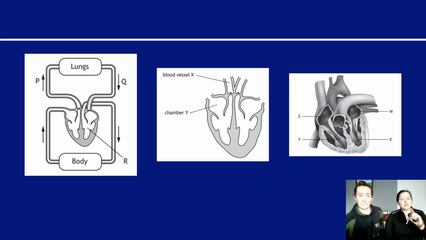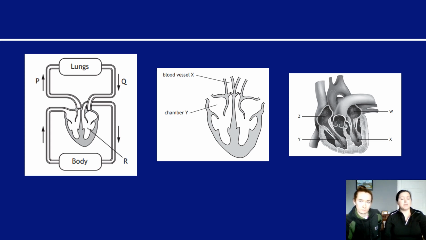Can I highlight as well that the picture on the left-hand side, the one showing P, Q, and R? There's a past paper question that says, give a difference between the oxygen concentration at P and Q. A load of people wrote P is deoxygenated, Q is oxygenated. They all got that wrong, because oxygen concentration isn't oxygenated and deoxygenated.